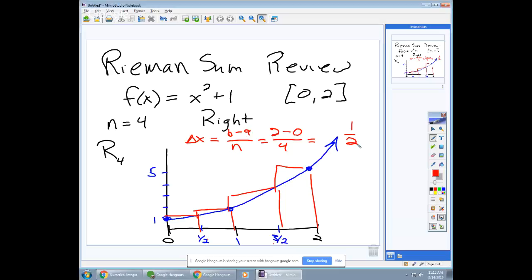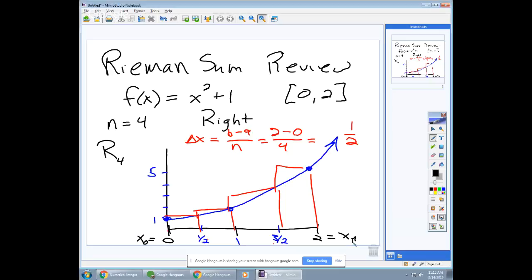Then starting at that left endpoint, x of 0 is always the left endpoint, and x for the subscript n is always the rightmost endpoint.